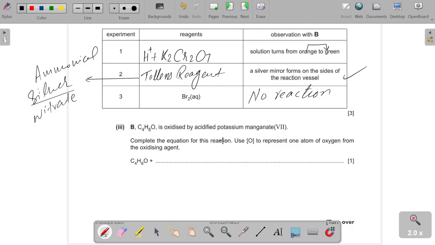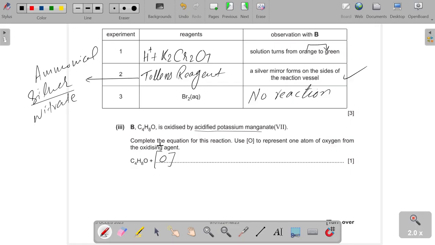C4H8O is oxidized by acidified potassium manganate. Complete the equation for this reaction. Use oxygen to represent the oxidizing agent, which provides oxygen for oxidation. So C4H8O is already given. When it's providing oxygen, you write atomic oxygen in brackets, known as nascent oxygen.